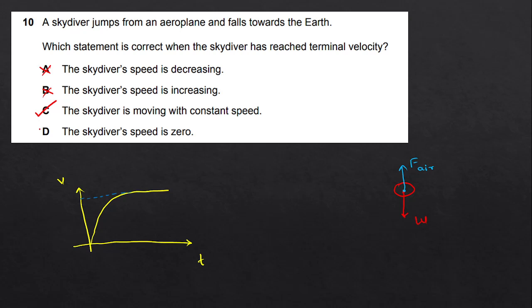This is incorrect, because forces being balanced does not mean the object is at rest. Forces are balanced means the force of gravity is equal to the air resistance. But if an object is already in motion, it continues to stay in motion. So the skydiver in our case will continue to move at the same speed for any length of time.